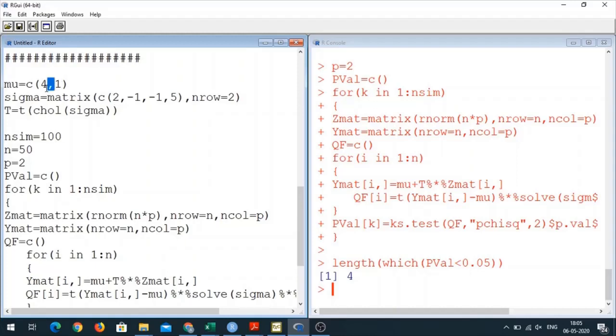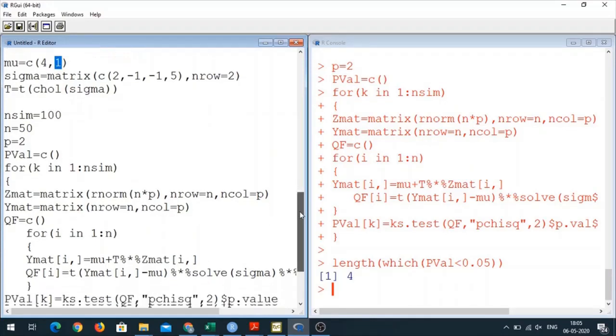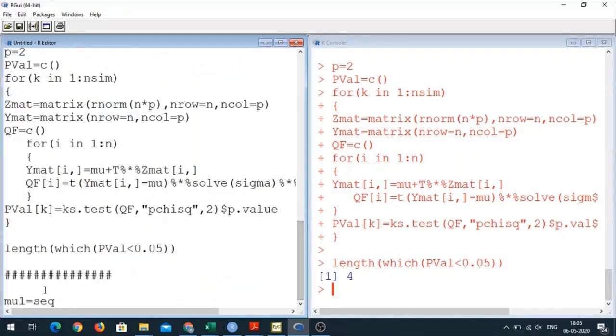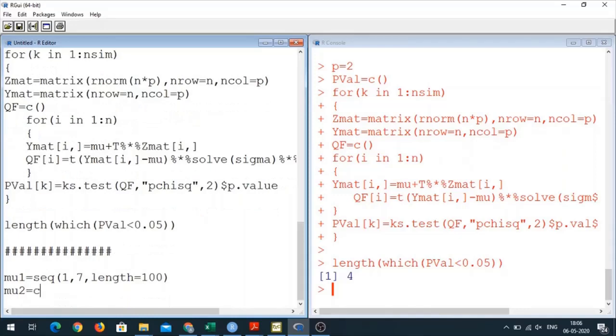Let me take mu1 from 1 to 7 with length equal to 100. Mu2 let me take from minus 2 to plus 4, and length again 100.